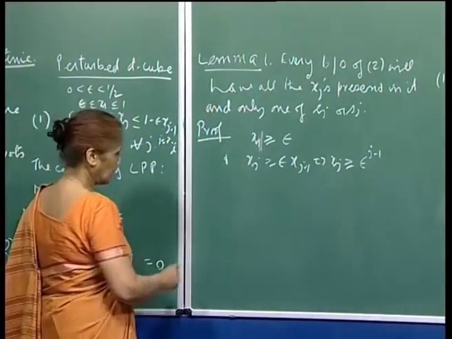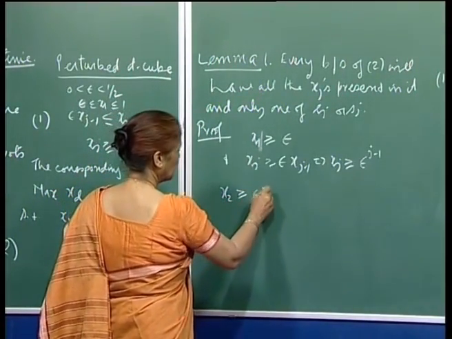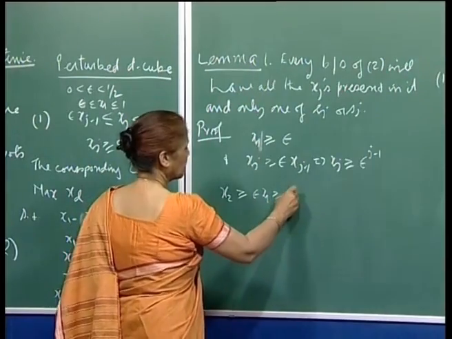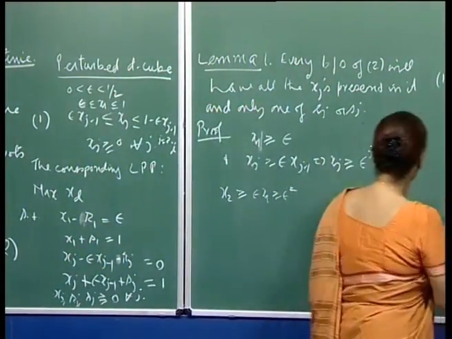Because, let's see, x2 will be greater than or equal to epsilon x1, which is epsilon square. So this is, okay, it's epsilon j, fine.